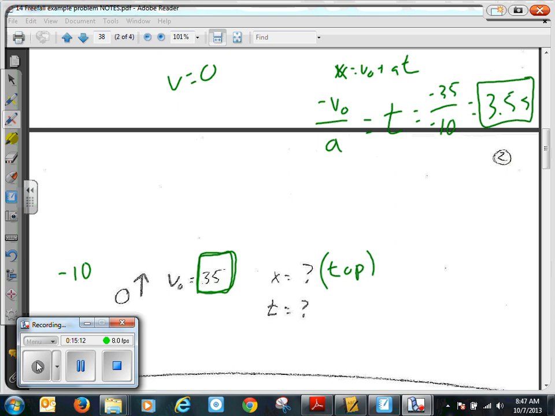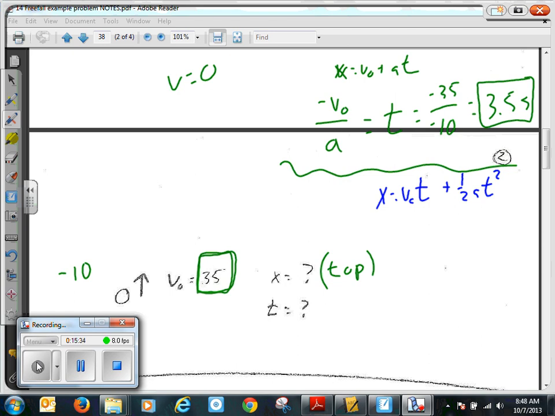Okay, but how about the displacement? Well, if you look at the displacement, you can use a couple of the formulas, v squared equals v naught squared plus 2ax, or I like to use x equals v sub naught t plus 1/2 at squared.